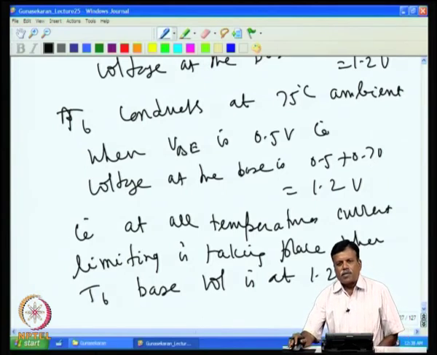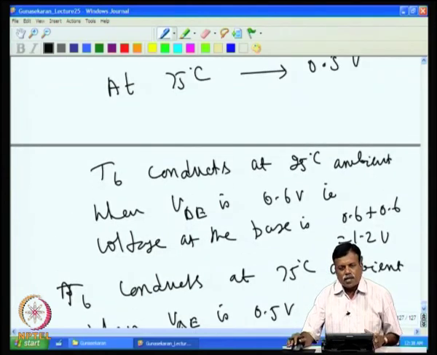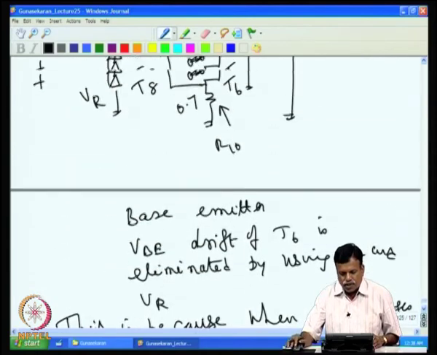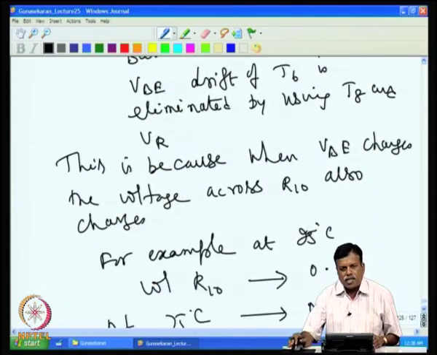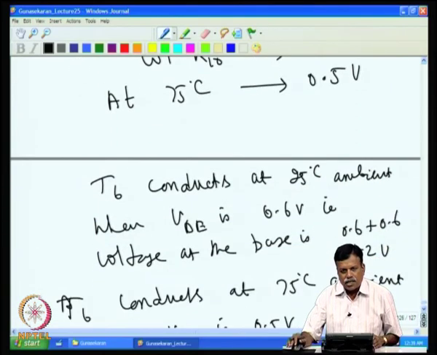So the drift has no effect in this case. This is how in the operational amplifier also the drift was cancelled, which we already discussed. So, we can compensate the current drift of the transistor in this way.